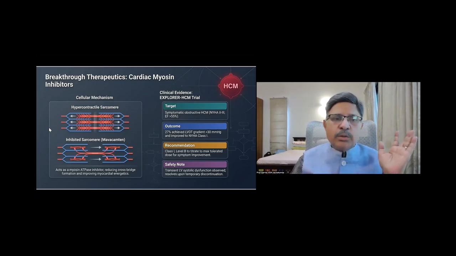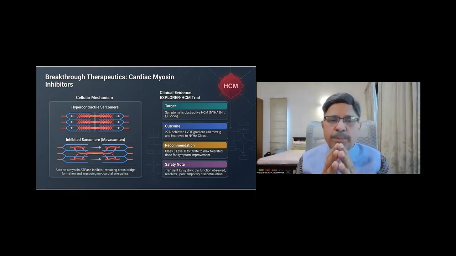How does it act? You see the hypercontractile sarcomere here. Normally, what is happening? There is ATPase. This ATPase cleaves the ATP into ADP and produces phosphate that triggers the hypercontractility of the sarcomere.